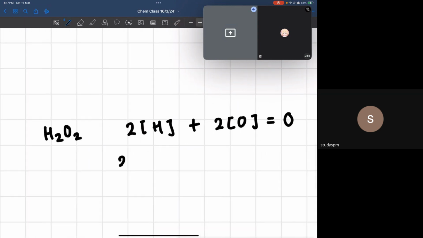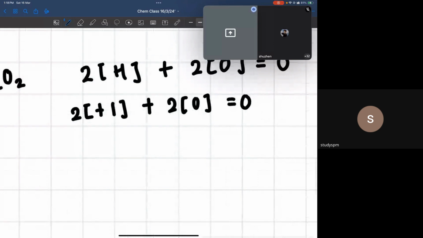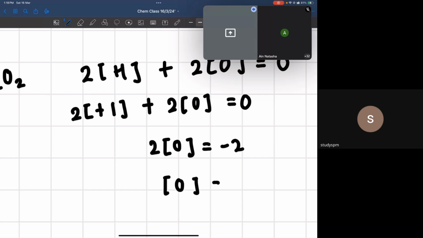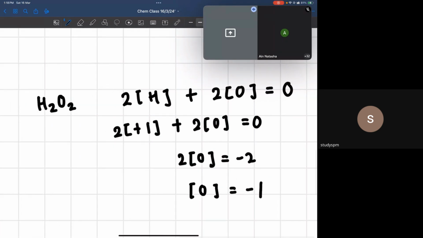Okay, we try to calculate. Let's see what we get. Equal to 0. And then, if you try to calculate, equal to -2. So if I simplify, the oxidation number of oxygen is -1. Yes, it is possible, but only for hydrogen peroxide.